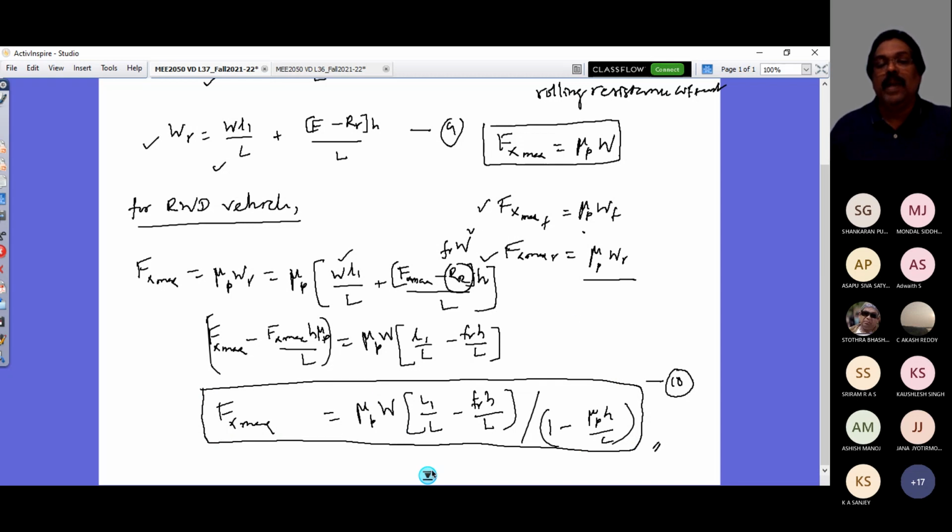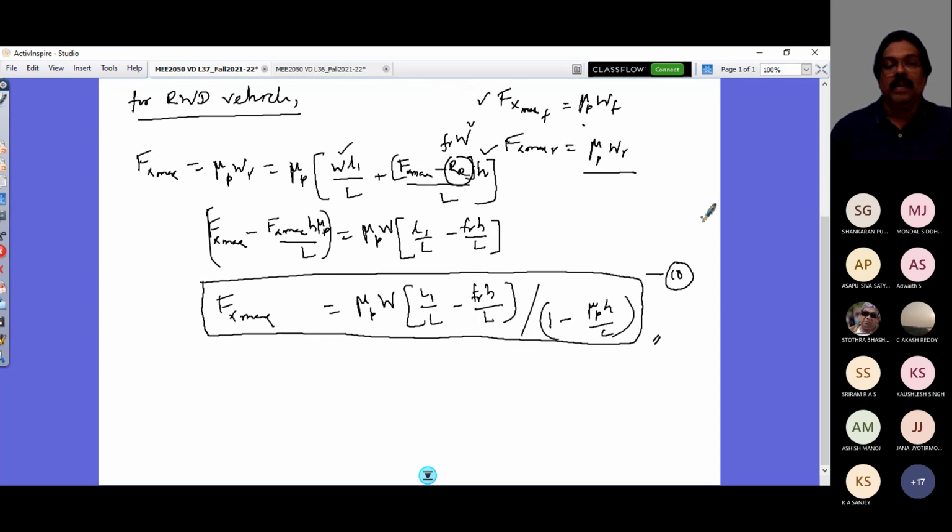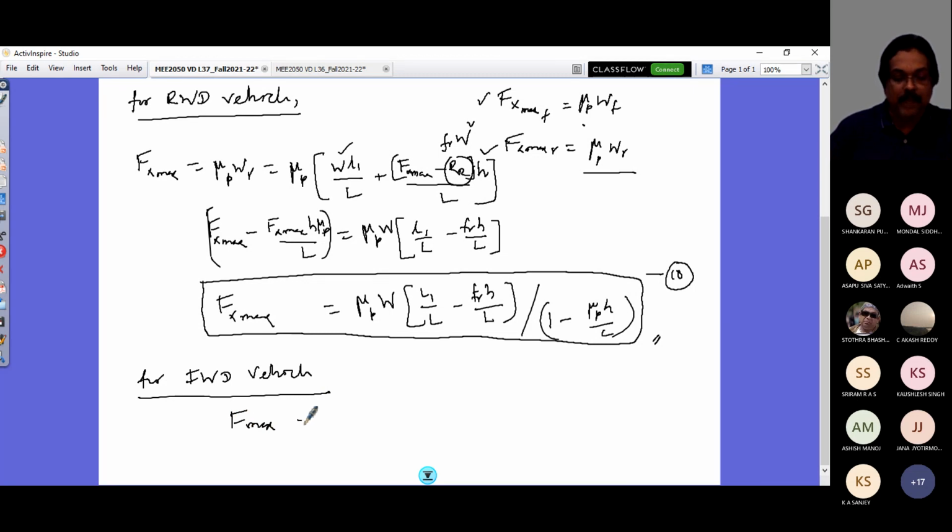And similarly, if it happens to be a front wheel drive vehicle, you can derive the expression simply like this: for a front wheel driven vehicle, you will have Fx max given by mu P times Wf.